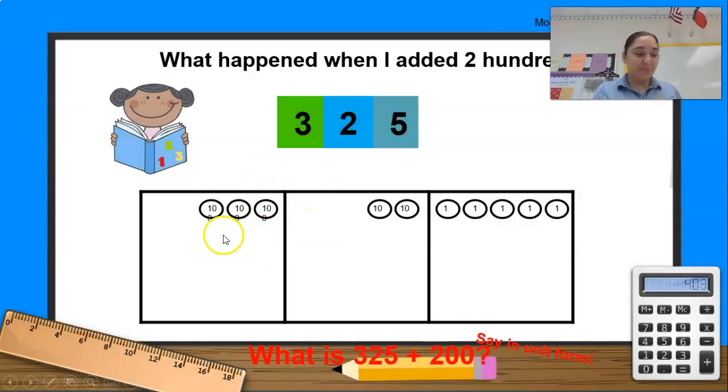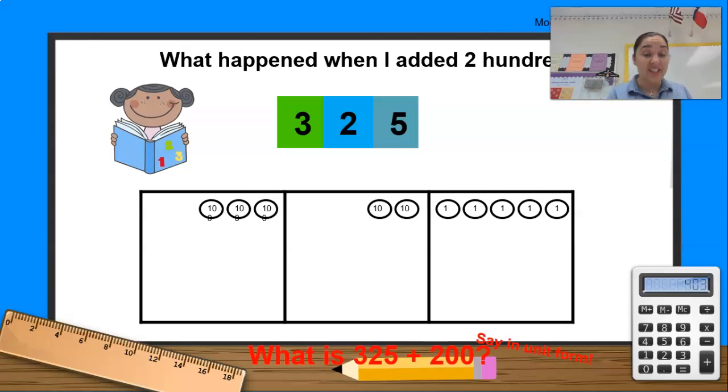Look. Now I'm going to add the 200s. What will happen to the number when I add 200s? Yes, boys and girls, the number in the hundreds place is going to get bigger by 2, and it gets bigger by the value of 200.